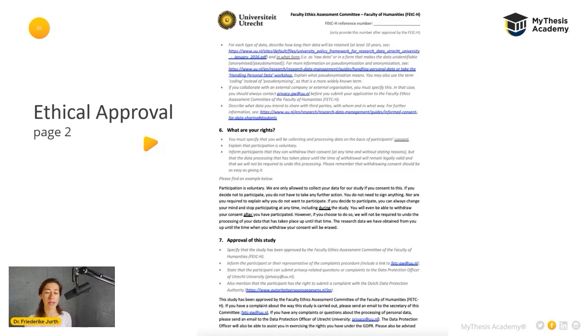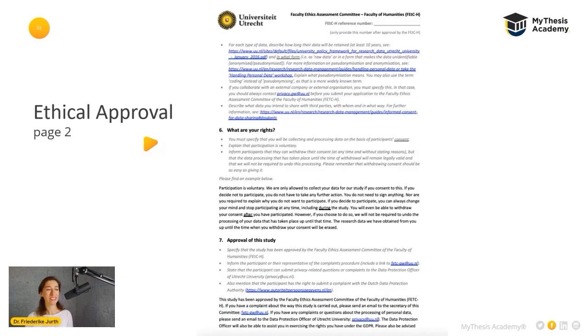So this is basically what we discussed at the moment of the different forms of consent which you sign with the participants, and where the participants also get informed about the voluntary nature of the participation, and additionally also about their rights.